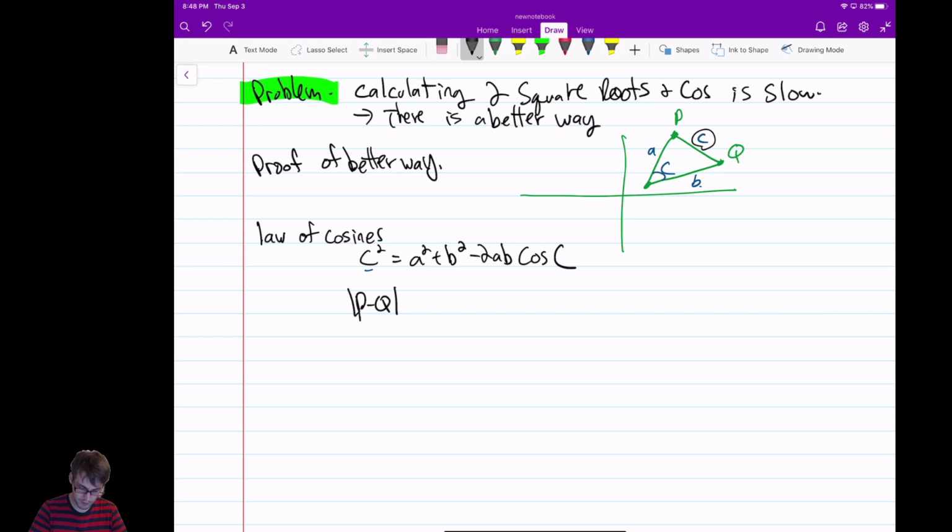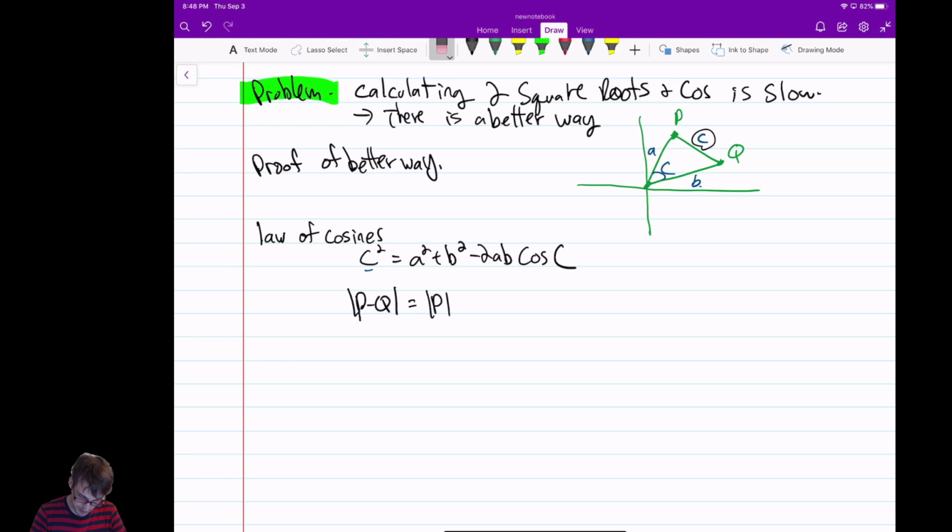So the length of P minus Q gives me c. You know, I did make a mistake here. Just for simplification, I'm going to draw that on the origin. Nothing else changes.